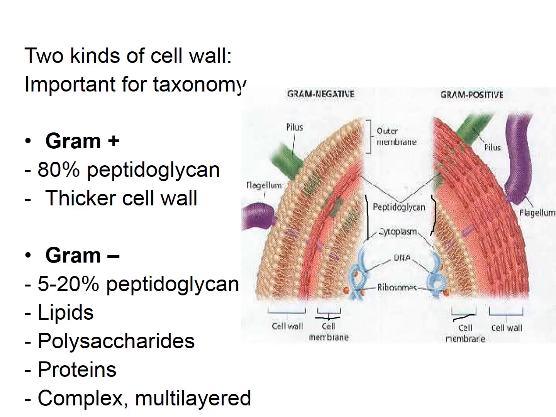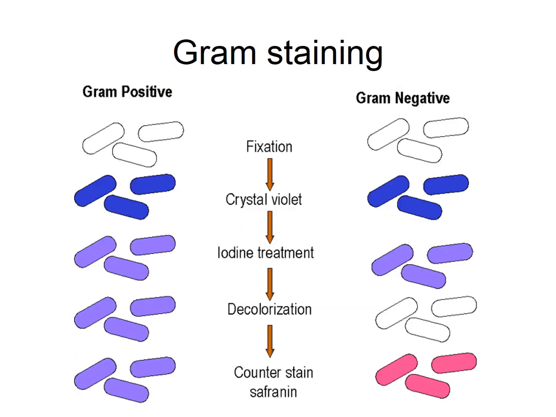Now the cell wall in gram-negative bacteria comprises a layer of peptidoglycan over here, and then there's an outer membrane that surrounds the cell. While in the gram-positive one, we can see a thick peptidoglycan layer, and that's going to be useful for us later to talk about gram staining and how we can differentiate between these two groups.